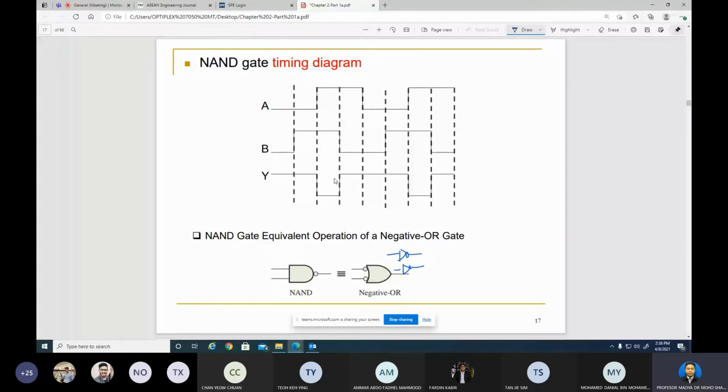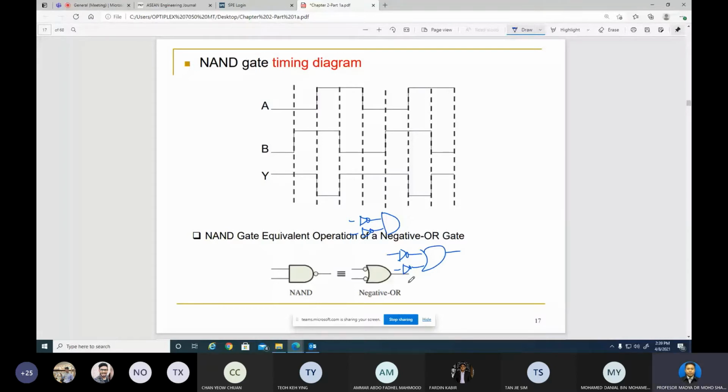It will be equivalent, but this one is not equivalent to the NAND gate. So the NAND gate is equivalent to the negative OR gate.